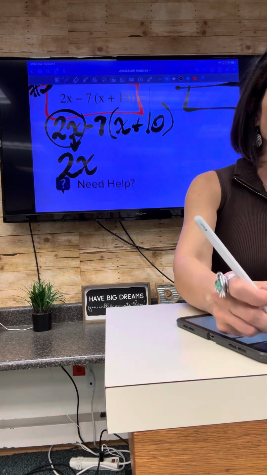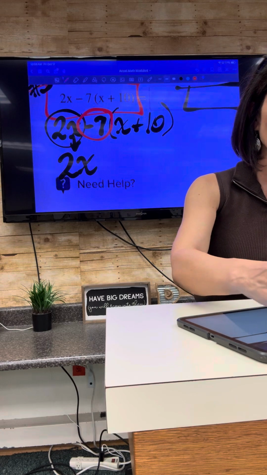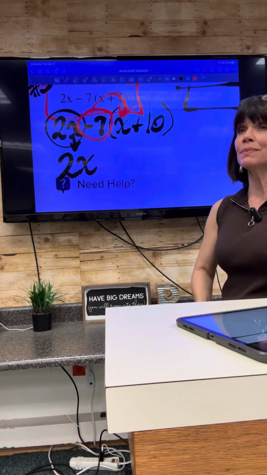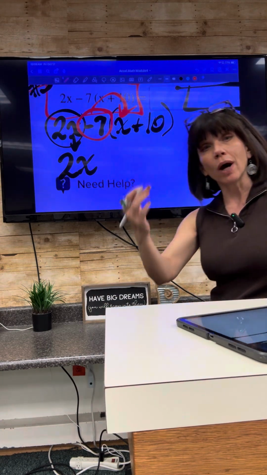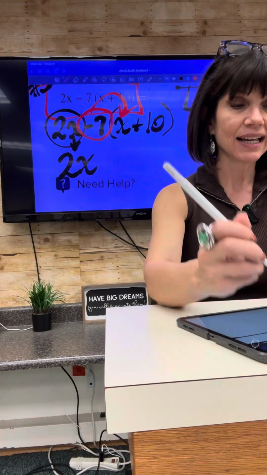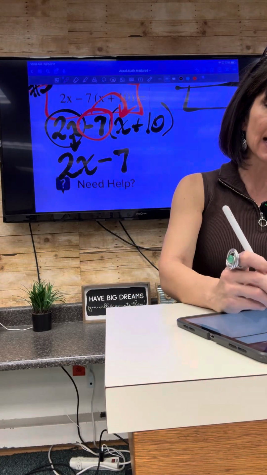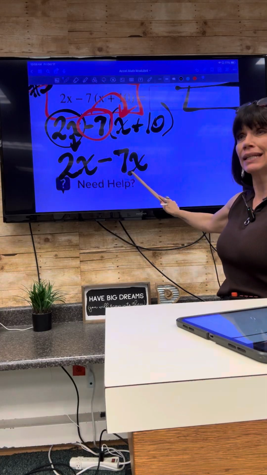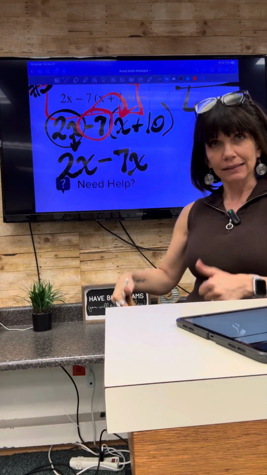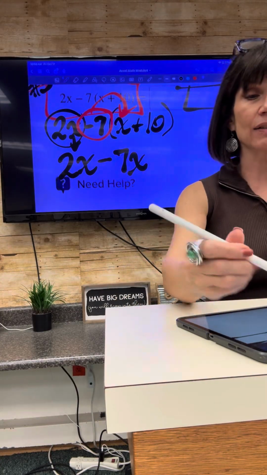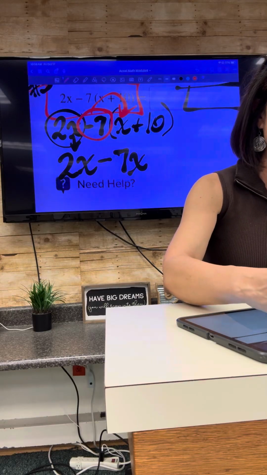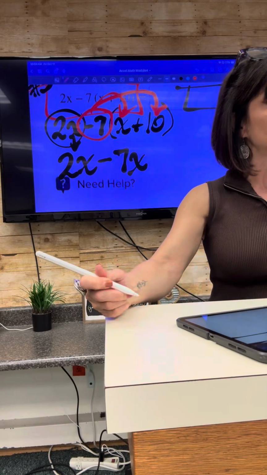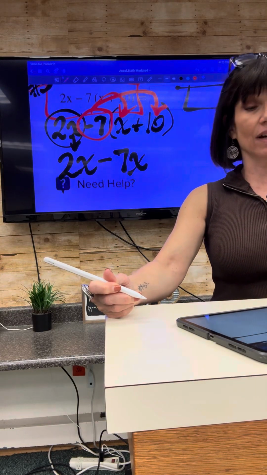And then what shall I multiply here? Negative 7 times x. What will that give us? Negative 7x. Is it okay if it now shows minus 7x? Yes, that is good. Next, I will multiply negative 7 times what? What does that equal?